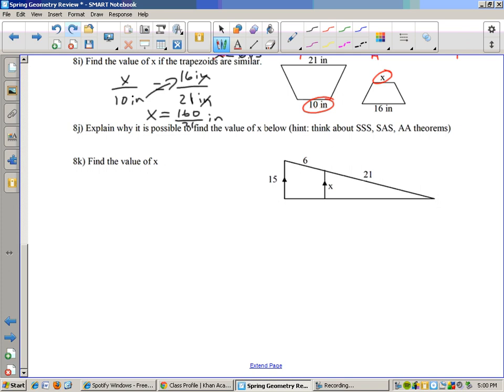Over 21, that's going to be about 7 something. Yep, inches. Okay.